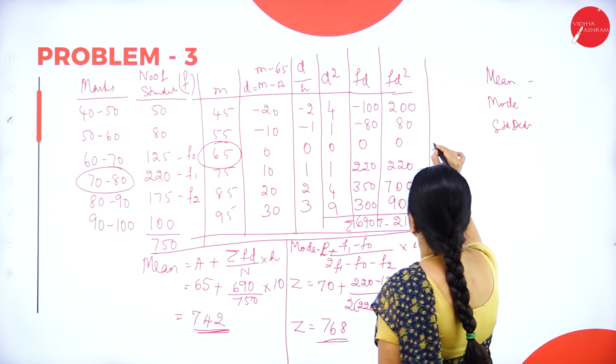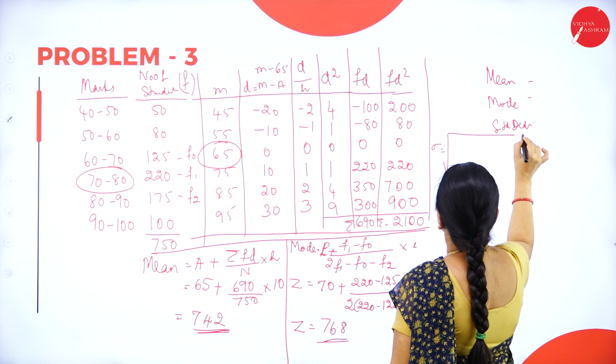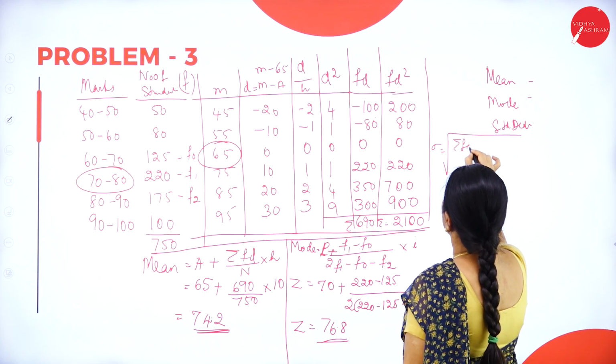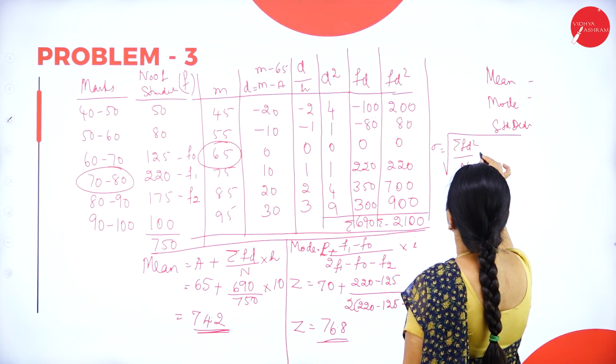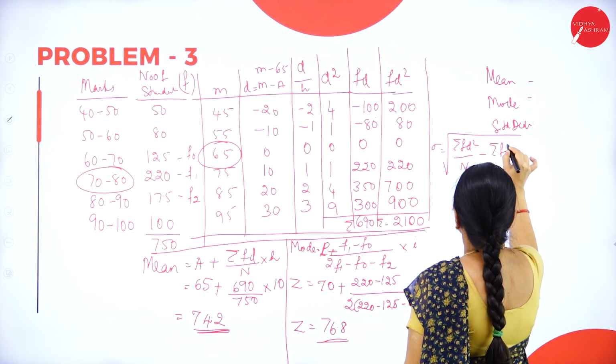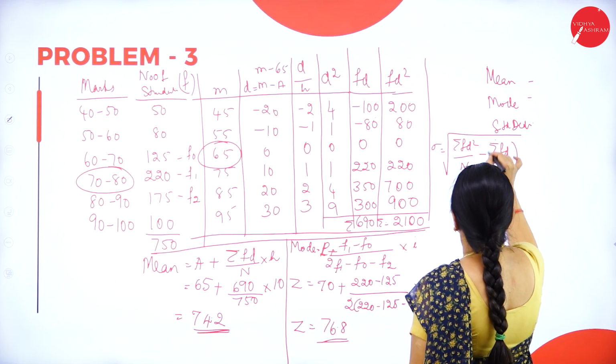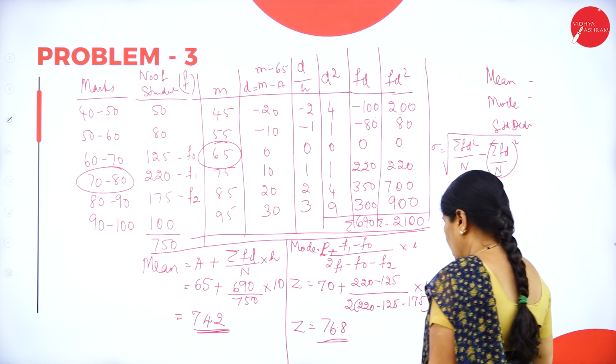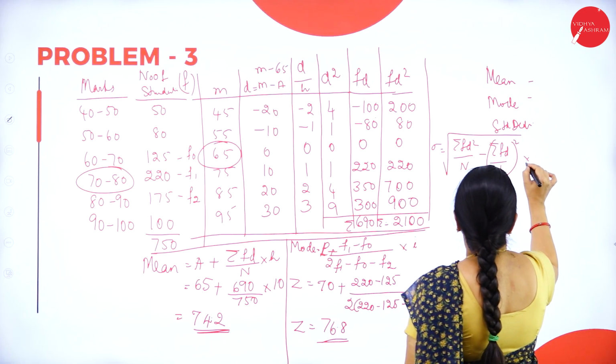Now I have to find the standard deviation. The standard deviation formula is the root of sigma fd square divided by n, minus (sigma fd by n) the whole square, into i.